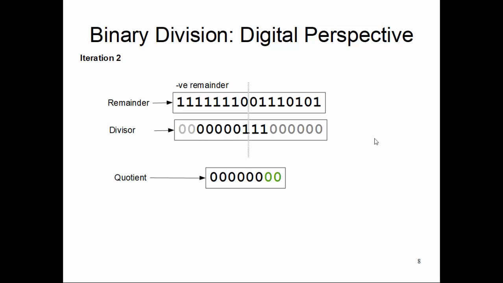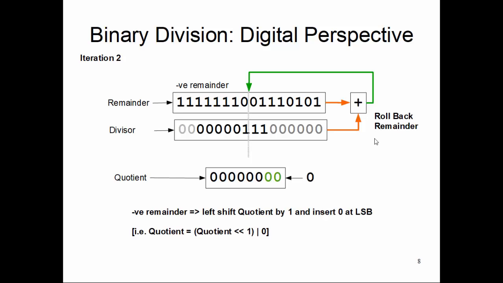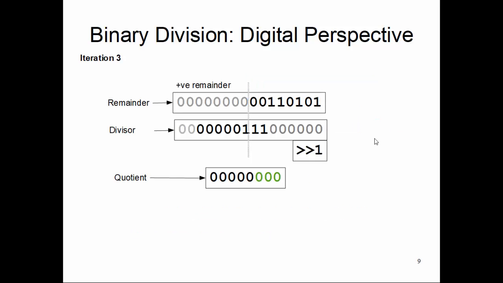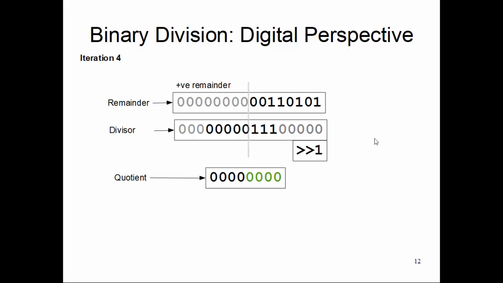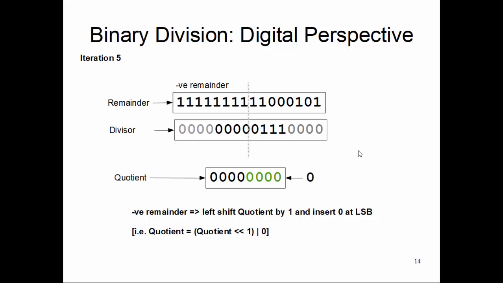We subtract, we see that it's negative, we insert a 0, roll back the value, and right shift the divisor. Subtract, still it gives a negative remainder, we insert a 0, roll back, and right shift the divisor. This one also: till now the remainder has a lower value than the divisor register. We do the subtraction and see the remainder is negative.